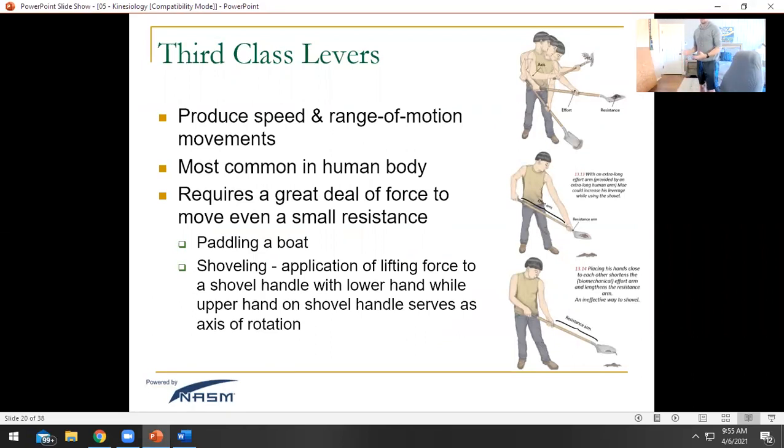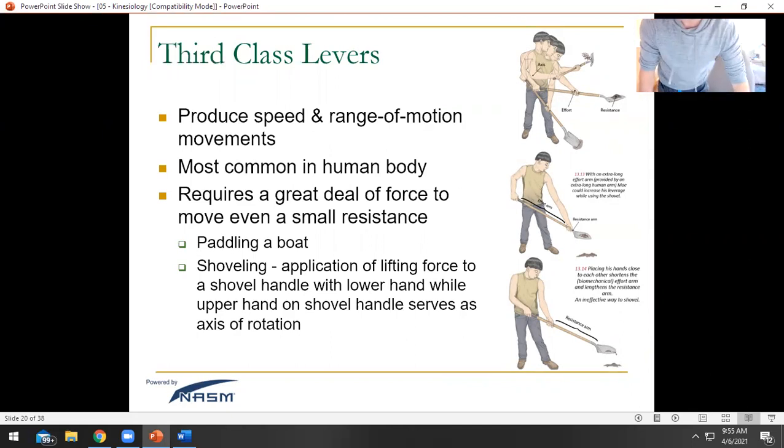If I held it at the very end of the shovel, and I put it in and tried to lift it like this, that's going to be really hard, right? But if I take my hand down here, and now I've got a little bit of an assist in the middle, if I push down like this while I pull up like this, that's going to create the pivot a lot easier. So then I'm going to more effectively shovel something, right?